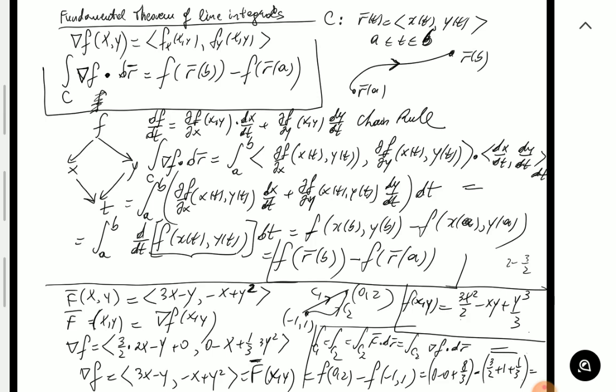Oh no, sorry, I made a mistake here, so it's 7 over 3. Let me actually do it in this corner here. So it's 7 over 3 minus 3 halves minus 1.